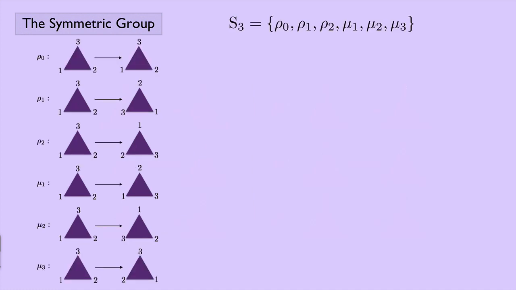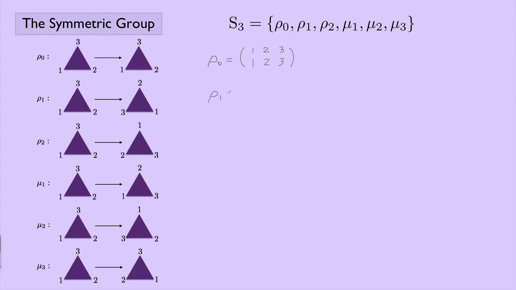So here are the elements written out again, and for each one of these elements that we earlier identified as a symmetry of an equilateral triangle, let's try to write it in permutation notation. Okay, so the first one was the identity. For the identity, that would be rho naught, we have 1, 2, and 3, and the identity would leave everything alone. So that kind of makes sense.